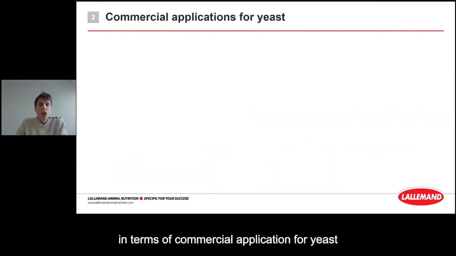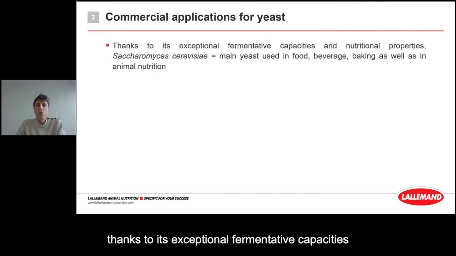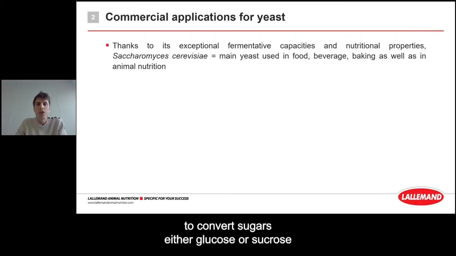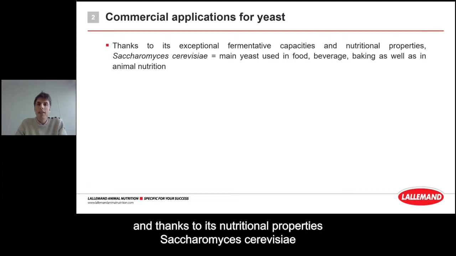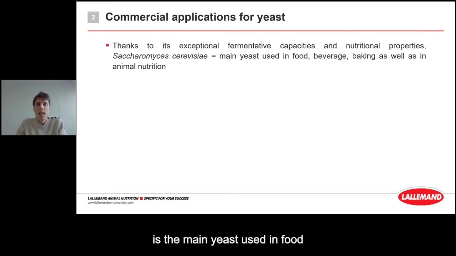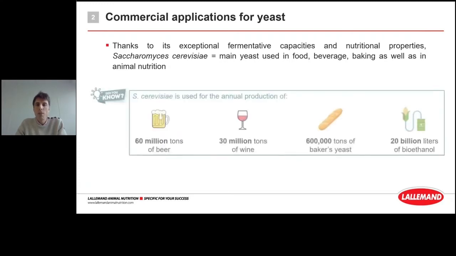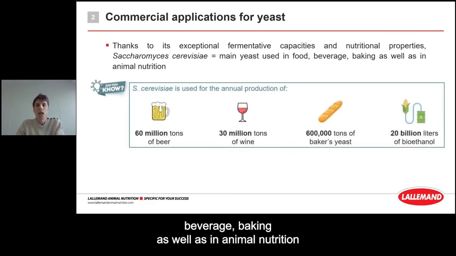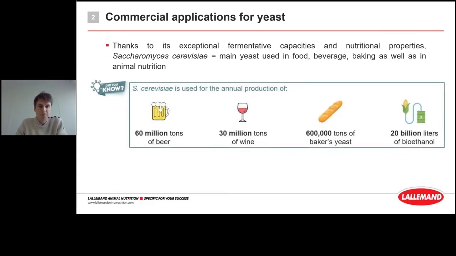In terms of commercial application for yeast, thanks to its exceptional fermentative capacities, that means the capability of the yeast to convert sugars, either glucose or sucrose, to ethanol and carbon dioxide, and thanks to its nutritional properties, Saccharomyces cerevisiae is the main yeast used in food, beverage, baking, as well as in animal nutrition.